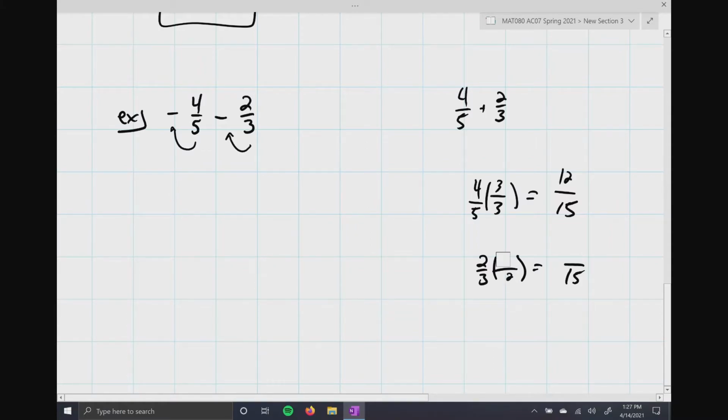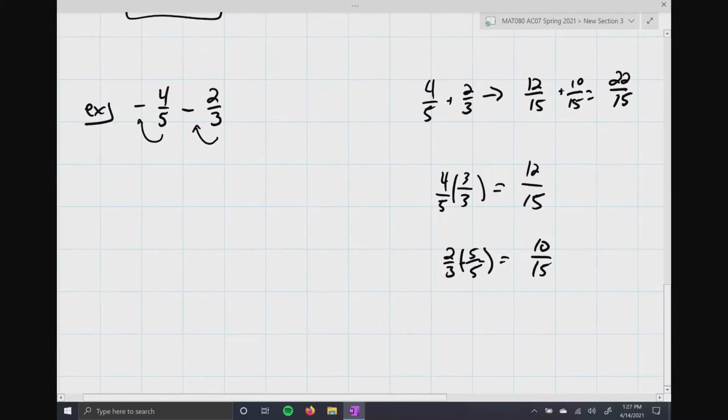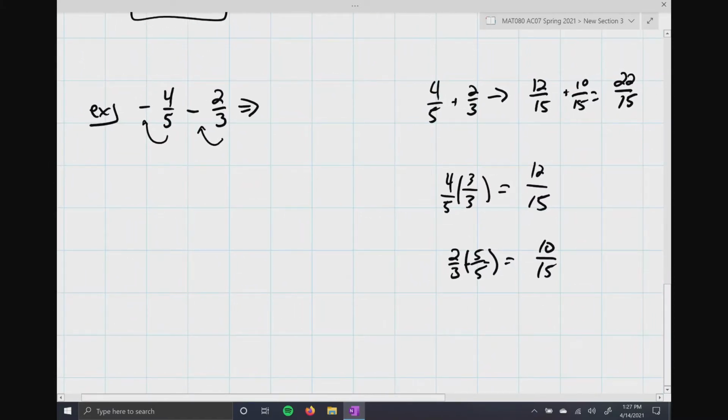The second fraction I'm going to multiply by 5 over 5, and that gives me 10. So this is 12 over 15 plus 10 over 15, which is 22 over 15. All right. However, since 4/5 and 2/3 were both negative, my result is going to be negative as well.